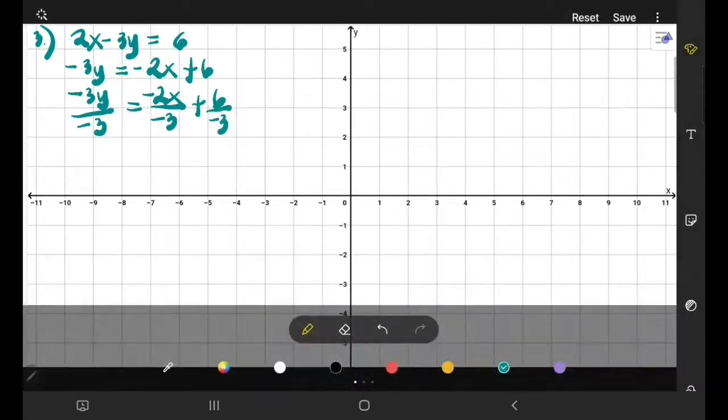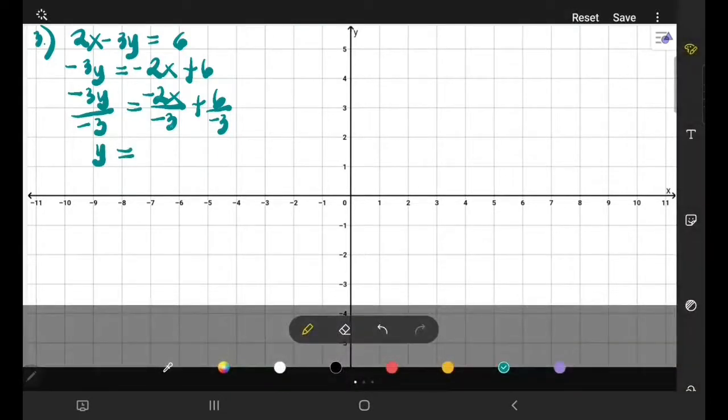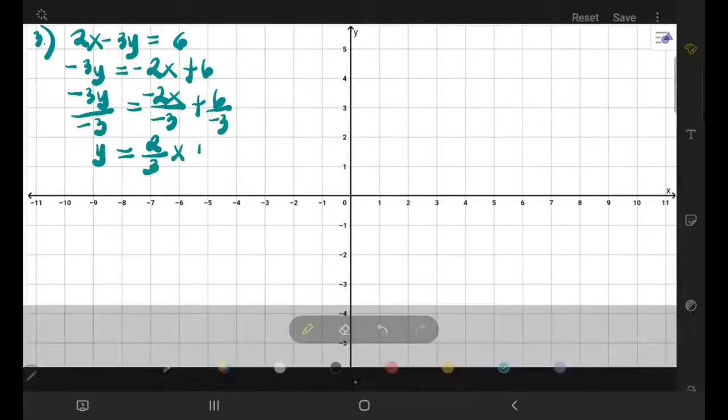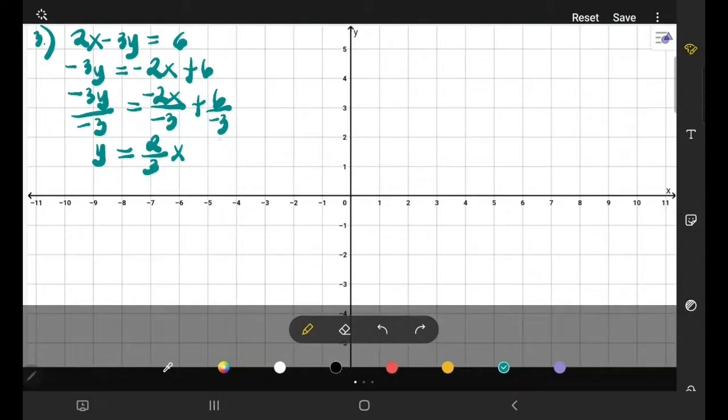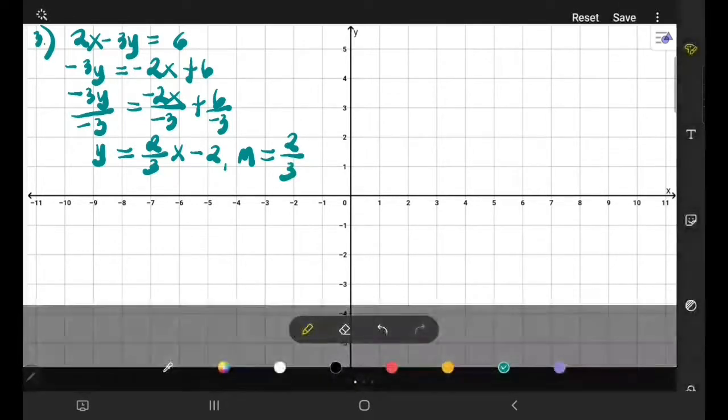So negative 3y divided by negative 3 is y. Negative 2x divided by negative 3, simplified, becomes 2/3 x. 6 divided by negative 3 is negative 2. Meaning, our slope is 2/3.